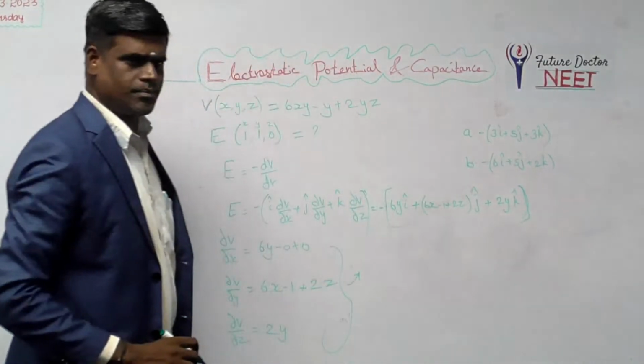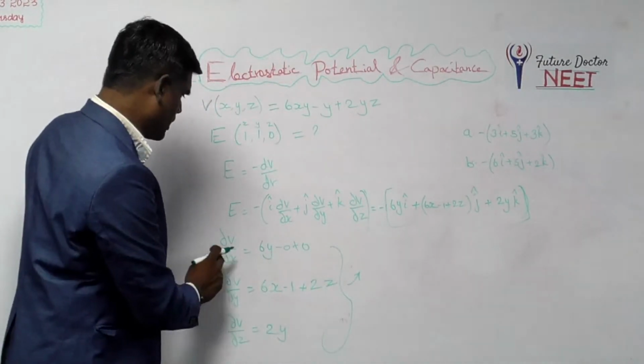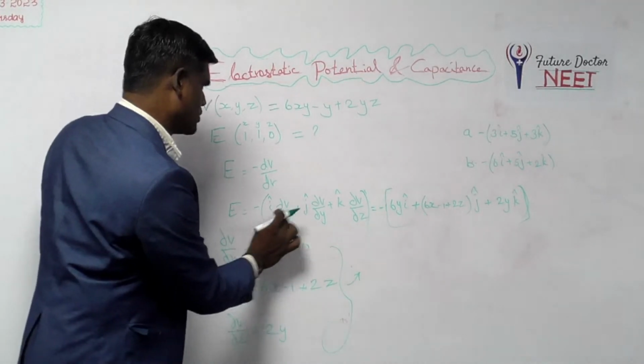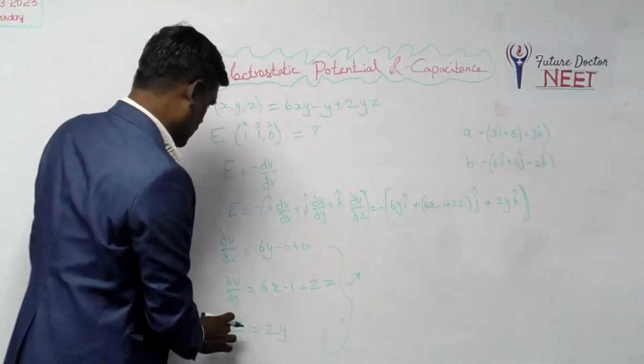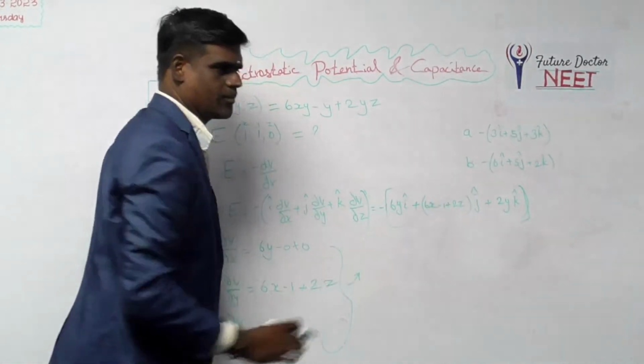Any doubt in this step? I just substituted dou V by dou x into I cap, dou V by dou y into j cap, dou V by dou z into k cap.